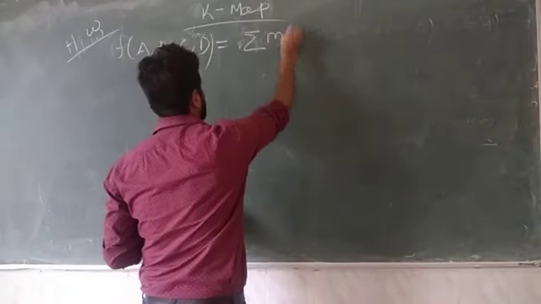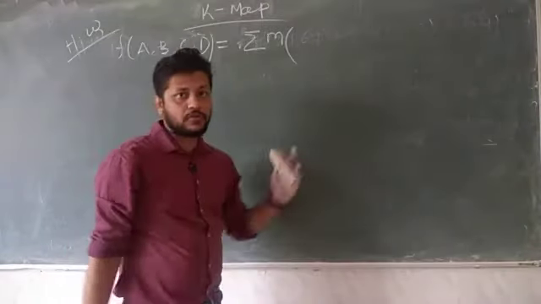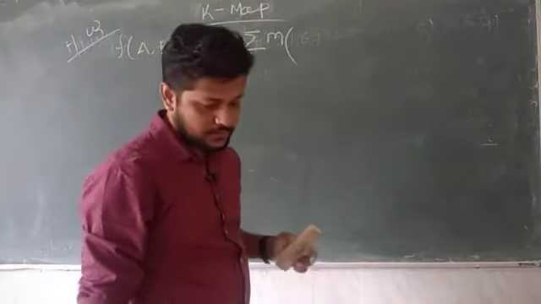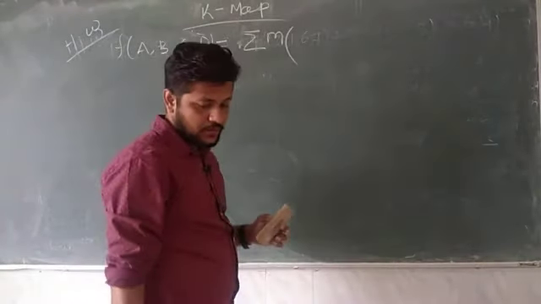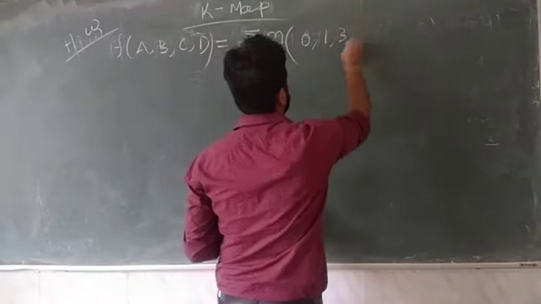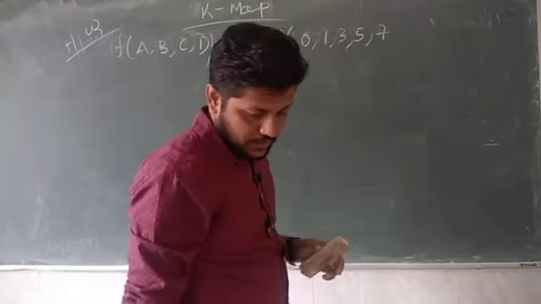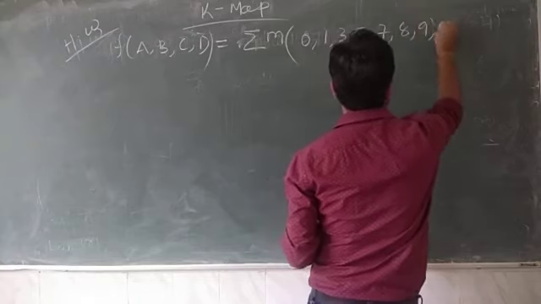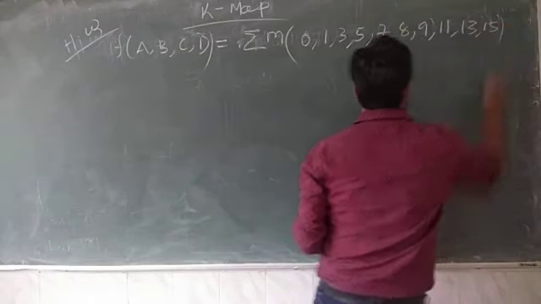And the expression is summation of M. This summation means addition of all the minterms. So summation of 0, 1, 3, 5, 7, 8, 9, 11, 13 and 15.